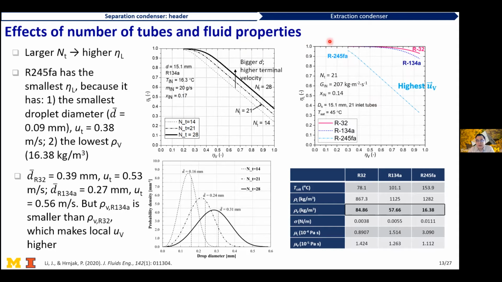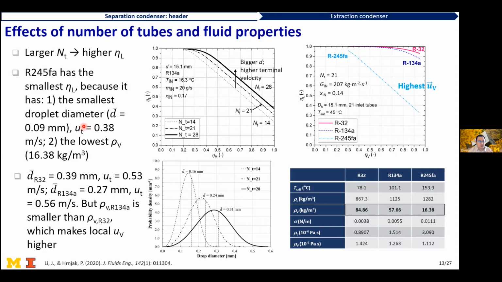refrigerants, the R245fa apparently has the lowest eta, and that is because first it has the smallest droplet diameter, and as I have mentioned multiple times, with this smaller diameter, the entrainment criterion of the vapor velocity, which is the terminal velocity I use here, becomes lower.